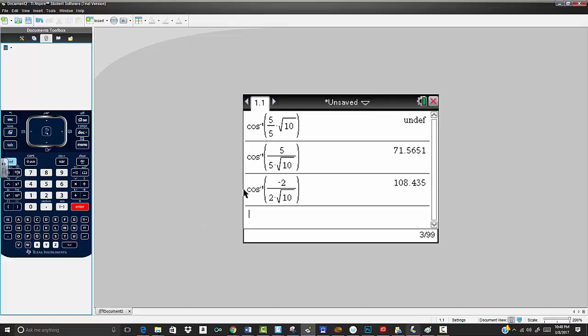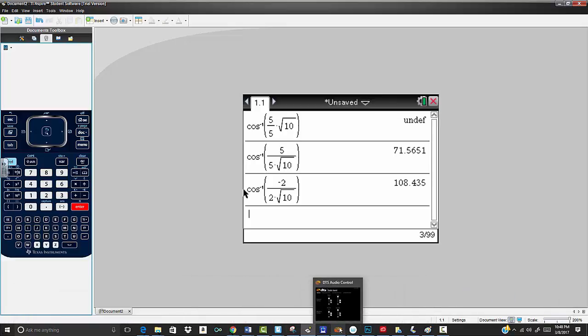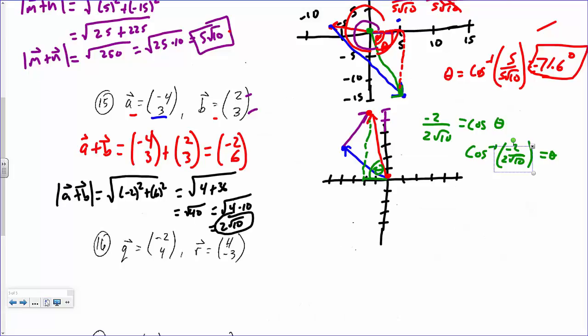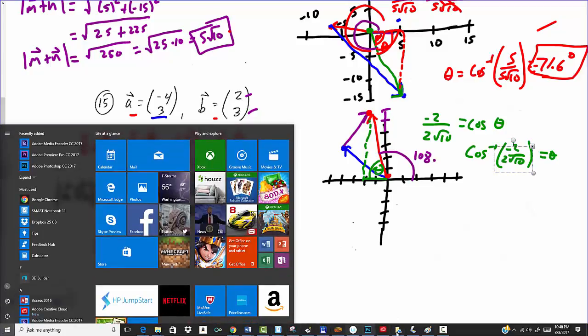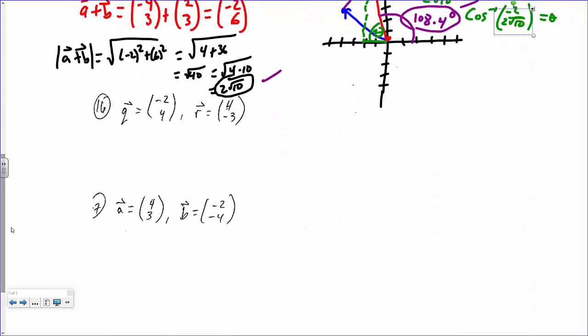So what I've just found with that calculator is the actual answer, which I wasn't planning on, but it's what it turned out. So what I got is about 108, which is the measure of this angle. 108, what did I say, 0.35? I don't remember. 0.4 degrees. And that's the direction of this vector. So I got your magnitude and got your direction, and we needed some calculator work, obviously, which we're going to need for some of these.